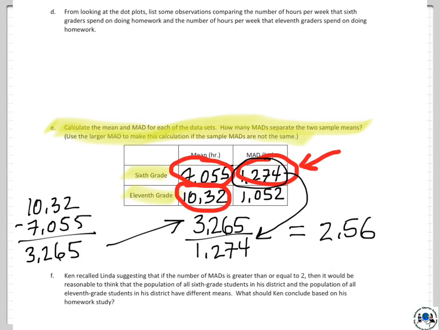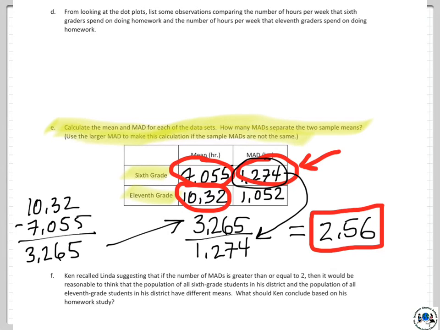And you're smiling, I'll bet, because we have had it before, but last time we didn't. We do have a relatively substantial difference here. The number of mean absolute deviations separating those two means is 2.56.